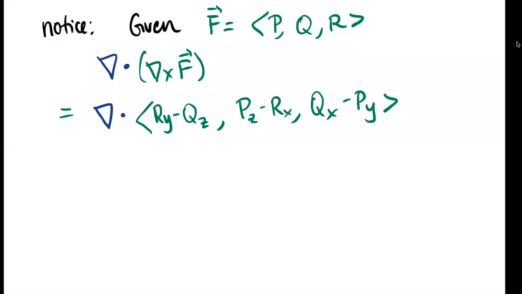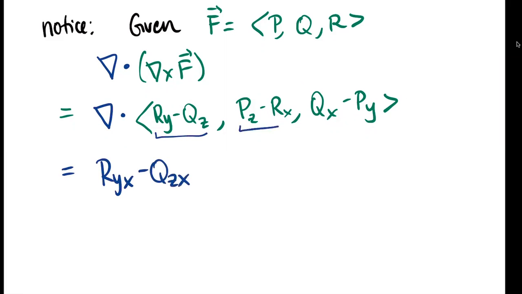Okay, so notice what happens given a general vector field if we find the curl. I've just gone ahead and done this without drawing out the determinant. Now I want to take the divergence of this vector field. Again, recall to find the divergence, I'm taking the partial of this one with respect to x. So now I'm going to get r sub yx minus q sub zx.